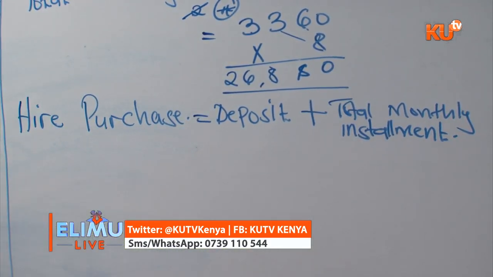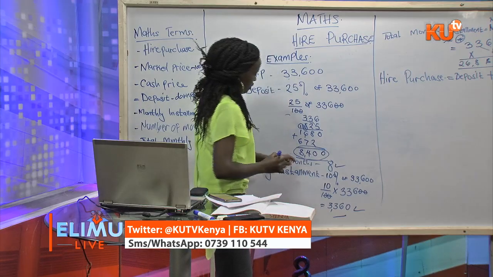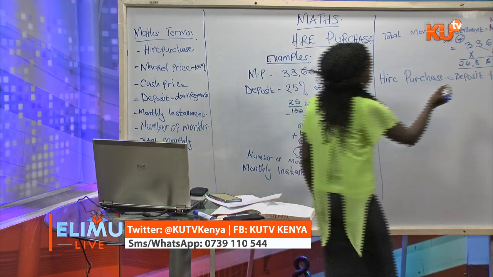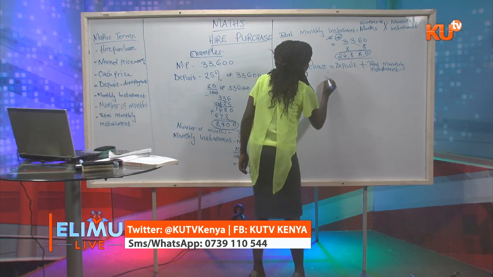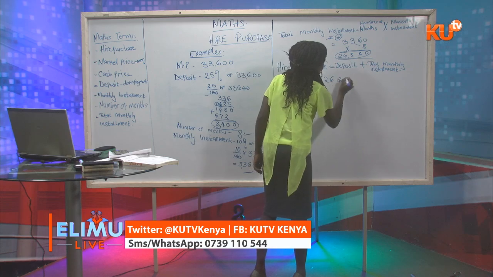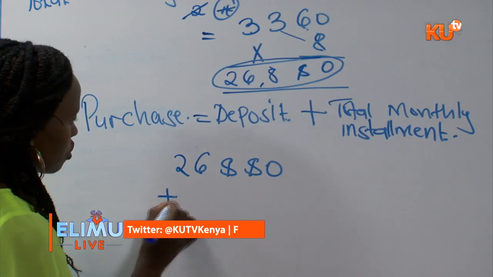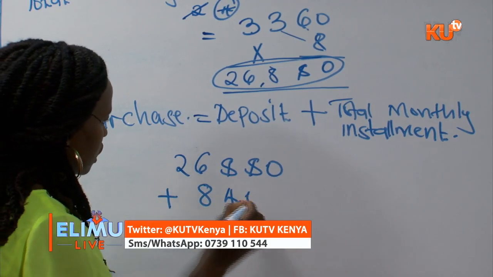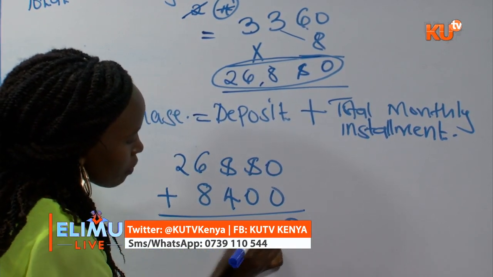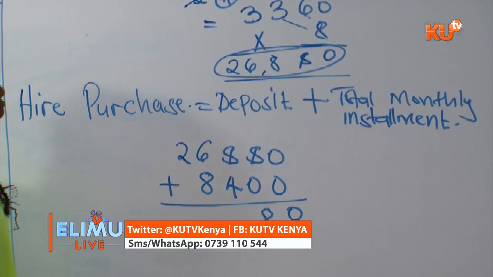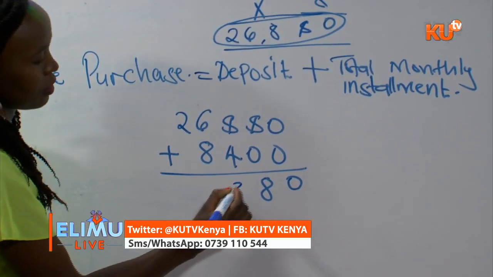So the deposit was 8,400, and then we have our total monthly installment, which is 26,880. So 26,880 you add to 8,400. Eight plus 4 is 12.